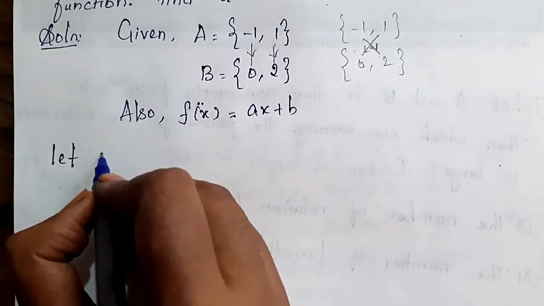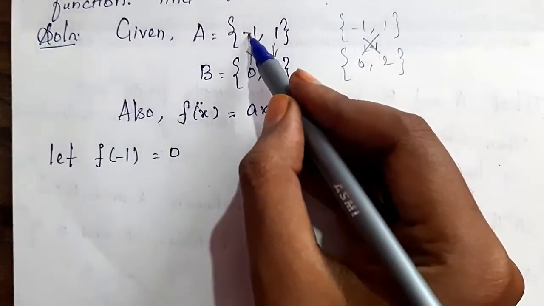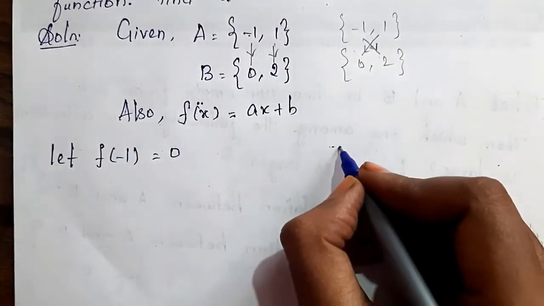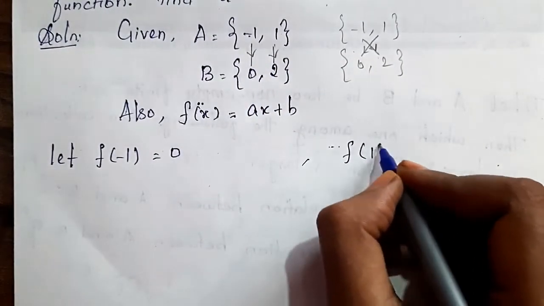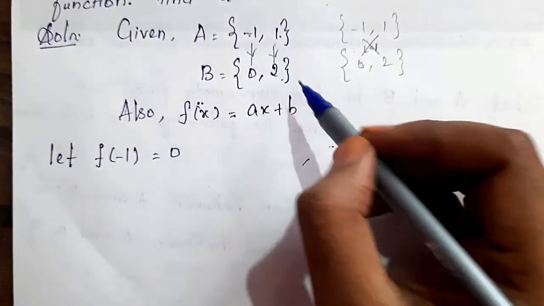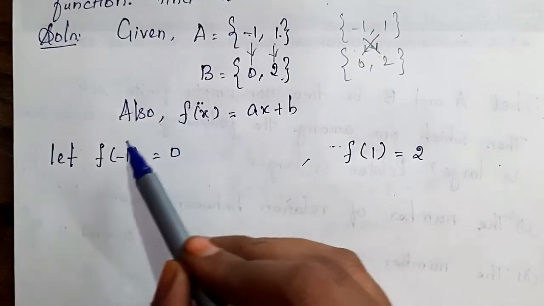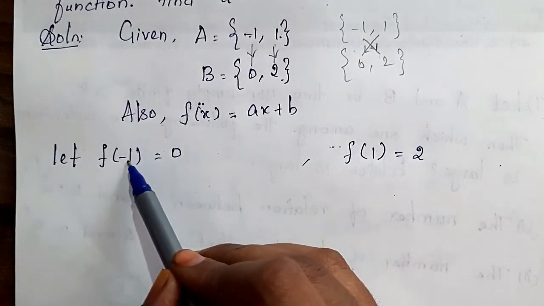Let f(-1) = 0. That means -1 is mapping to 0. Also f(1) = 2. The meaning is 1 is mapping to 2. So in this place of x, we are going to apply -1 now.